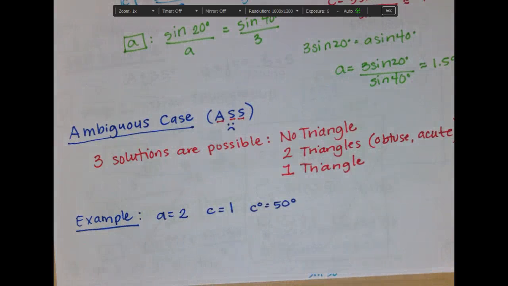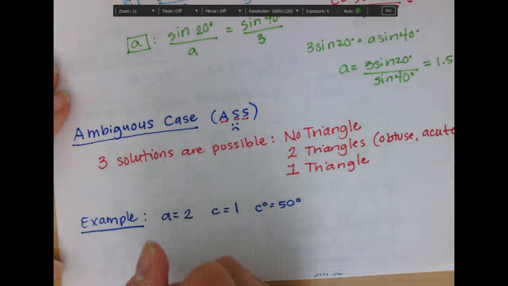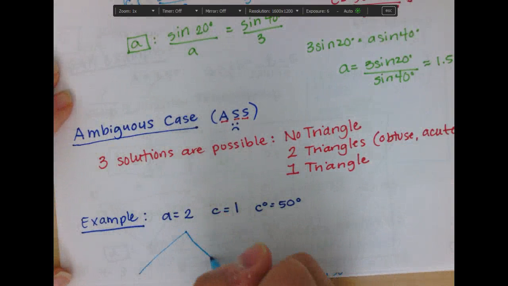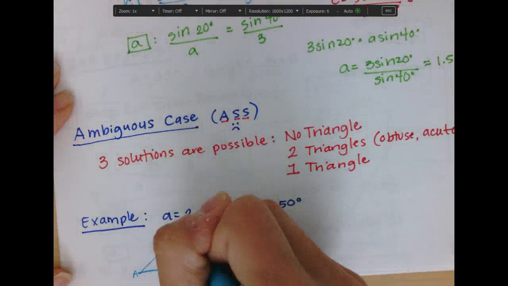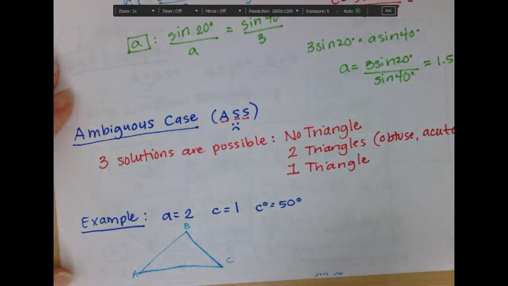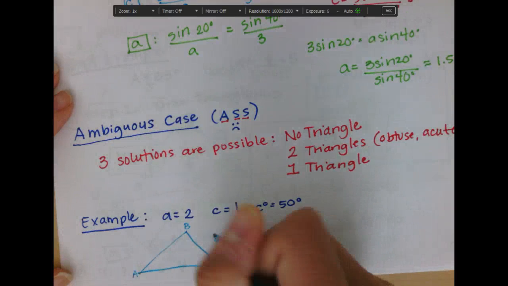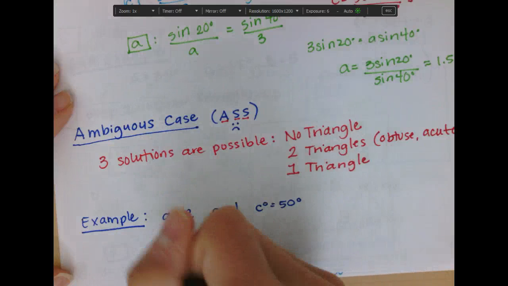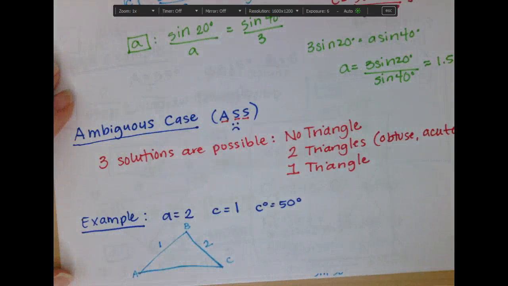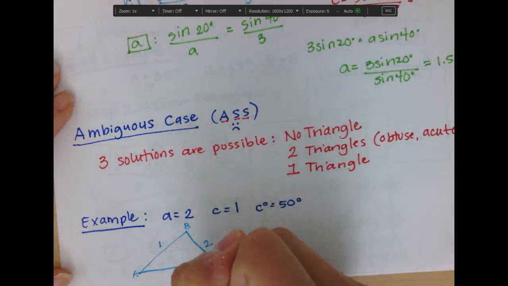Looks a little small. So if we draw that scenario, the side across from angle A has a length of 2. The side across from angle C has a length of 1, and then angle C is 50 degrees.